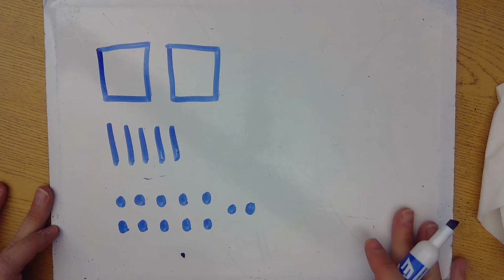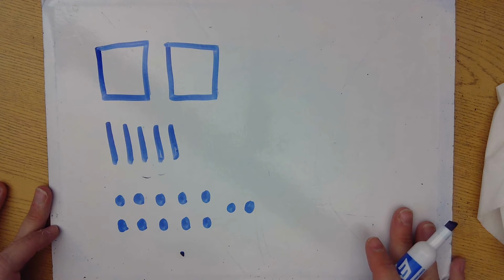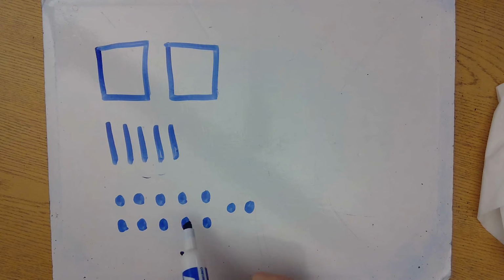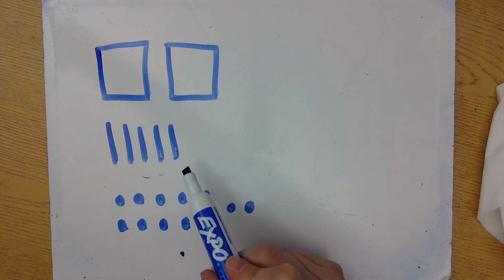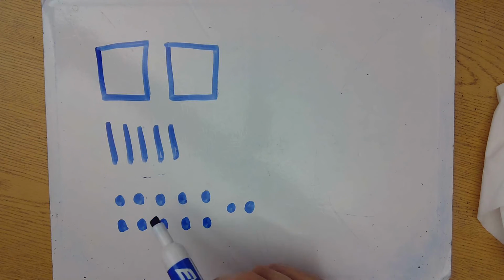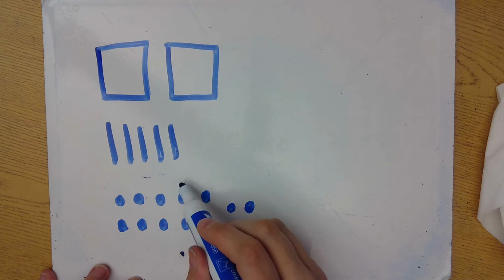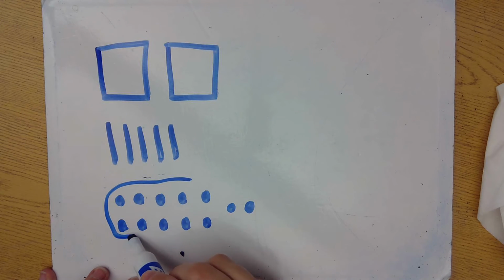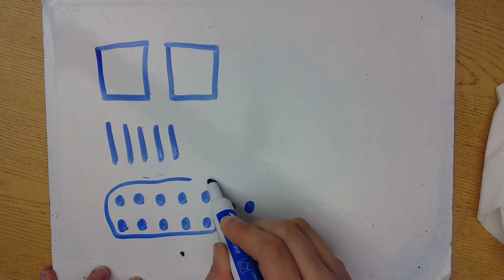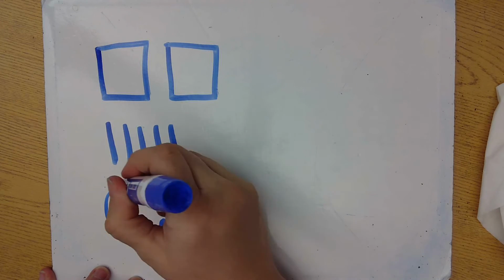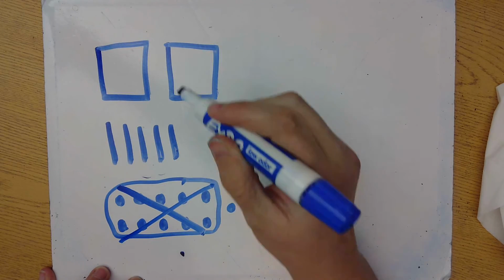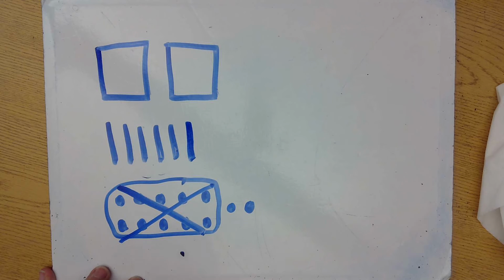So just like what we did a minute ago with the longs, I am going to trade in 10 cubes for a long because I know that 10 cubes equals 1 long. So I'm going to go ahead and circle 10 of these cubes. I'm trading it in for another long.